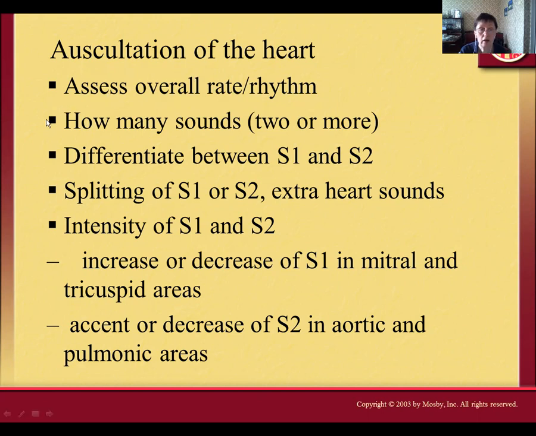Next, your conclusion should be how many sounds, 2 or more, do you hear? Because at least 2 sounds, S1 and S2, are audible in all points, but maybe 3 or 4 heart sounds.